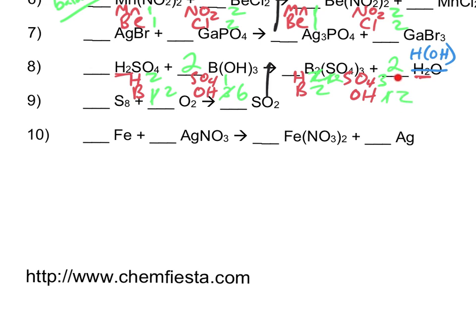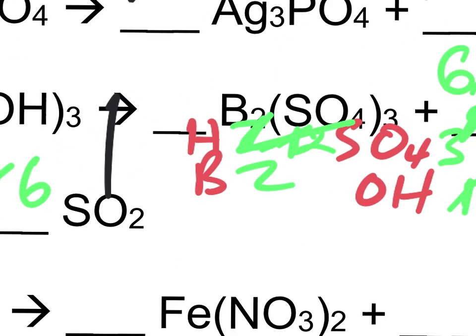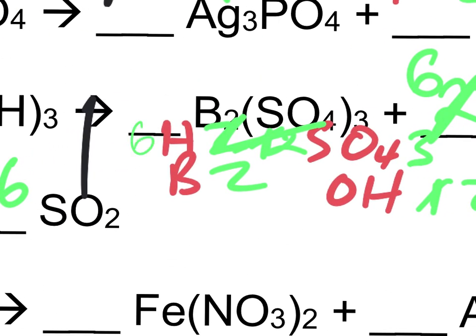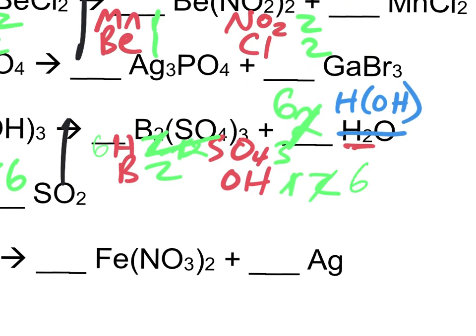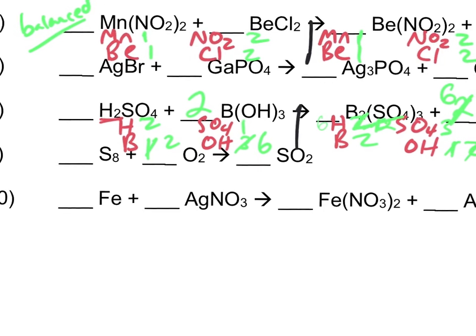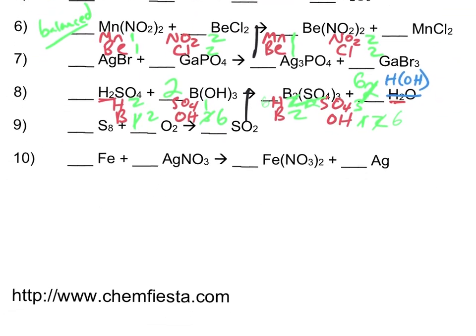Instead of multiplying by 2, I'm going to multiply by a 6. So I'm going to change this 2 into a 6. This is getting messy. I now have 6 hydrogens. Follow along, and I have 6 hydroxides. And now we're still not there.